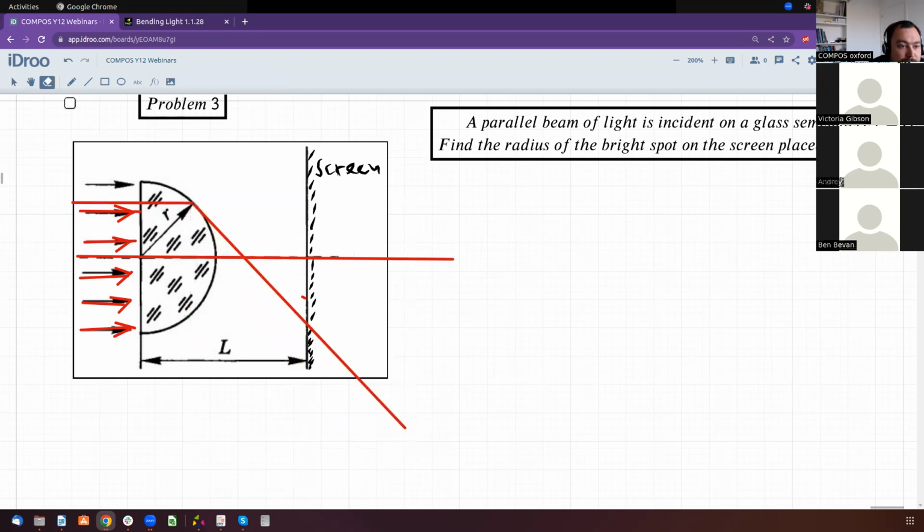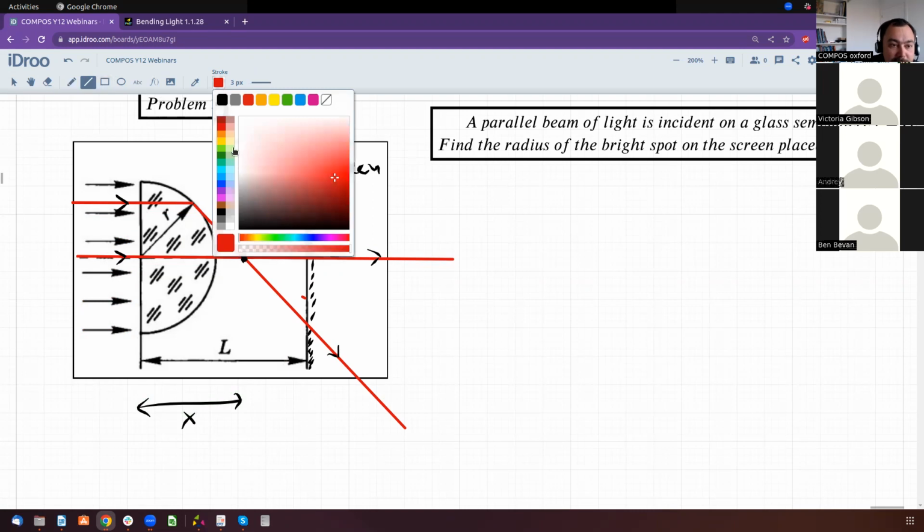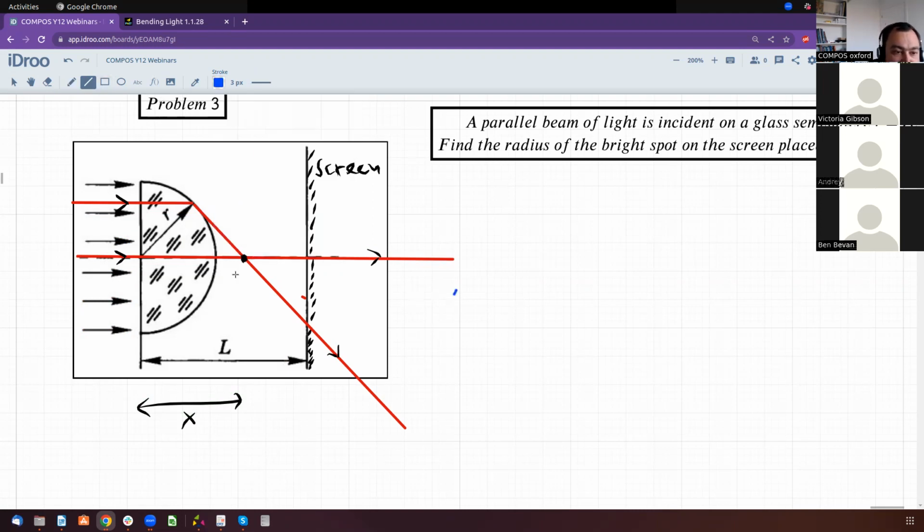Okay. So ray number 1 going like this, and then refracted like this. Ray number 2 going like this and refracted like this. We need to find where this point is. So let's label this. Let's call it X. All right, and then we start doing some math bits.